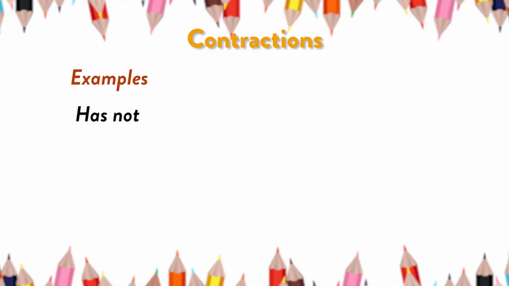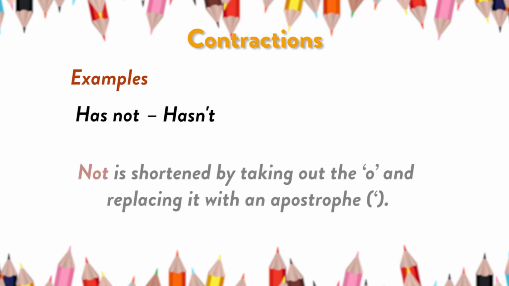Our second example, has not. Has not in its contraction form is pronounced as hasn't. Now, how do we come up with the contraction hasn't? We shorten the word not by taking out the O and replacing it with an apostrophe.